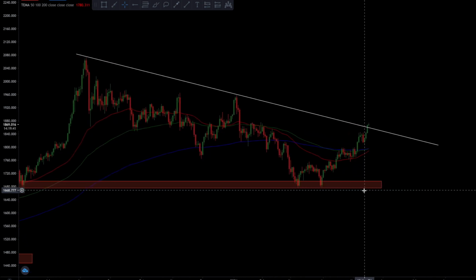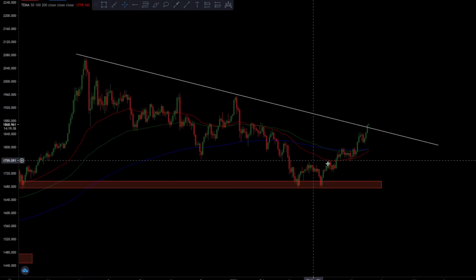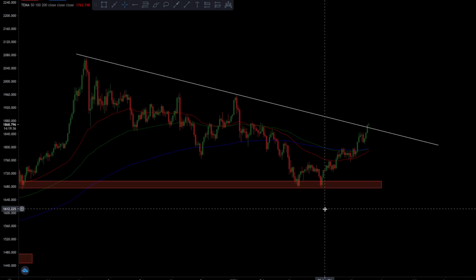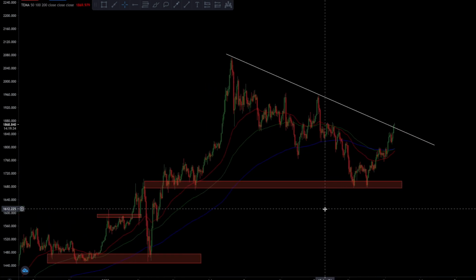So we have to see if there is a candlestick pattern over here, and then we have to enter a trade.